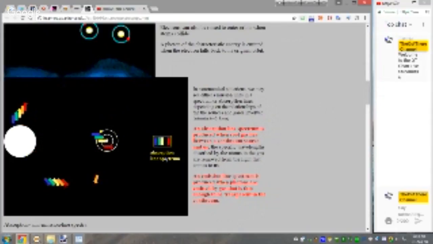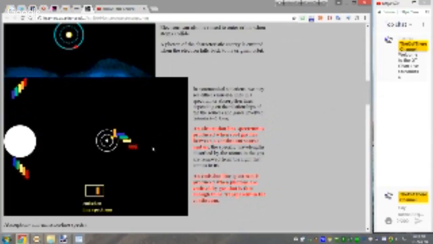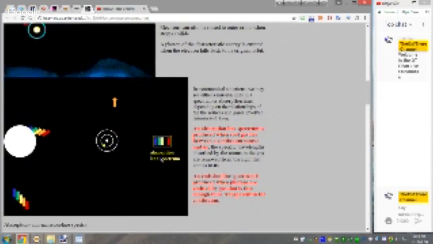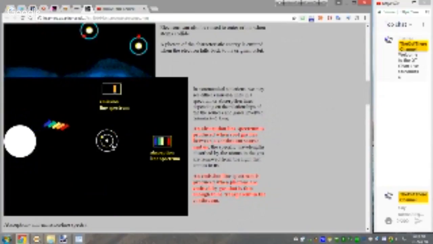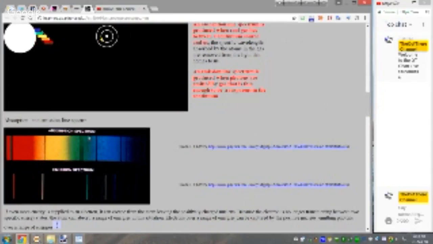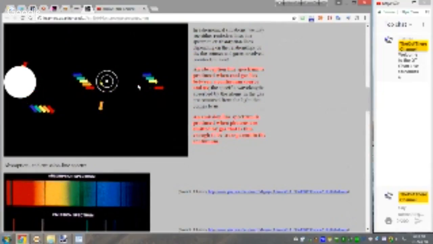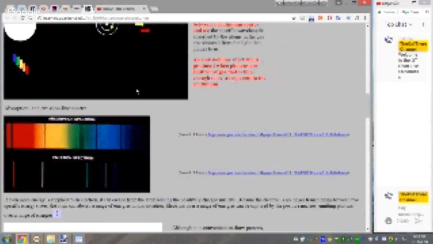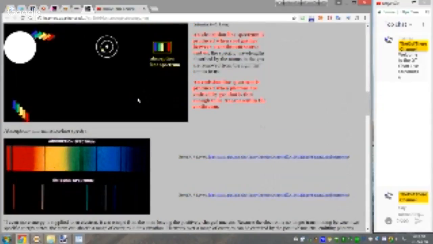Then the detector shows it on the chart with the band missing, and the emission one shows it. So they got opposites. The emission one just shows the bits missing. So it shows a bit better what's going on there.